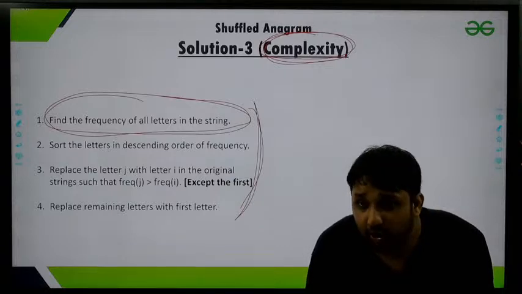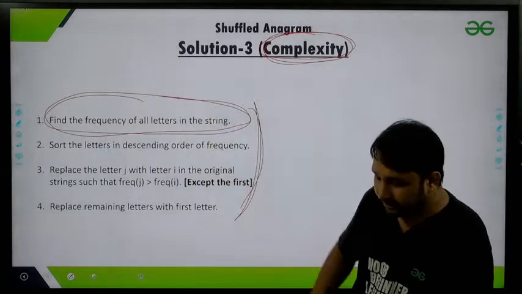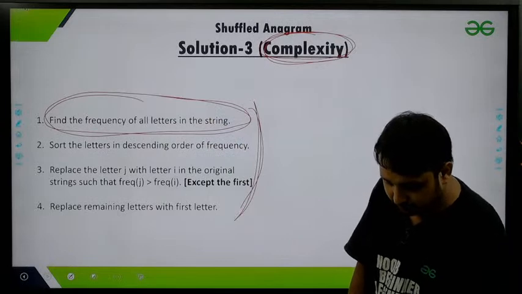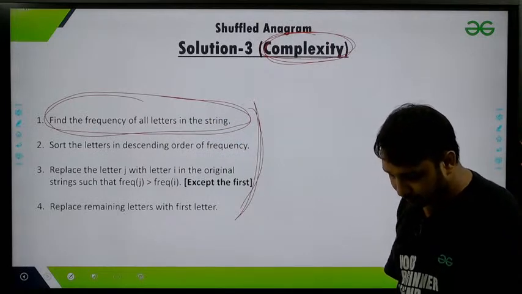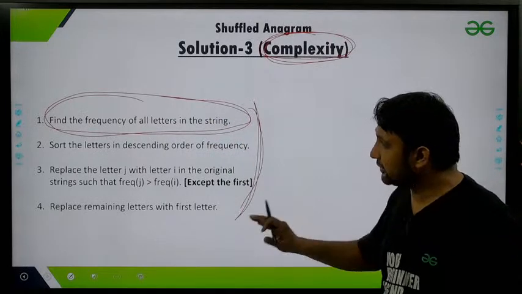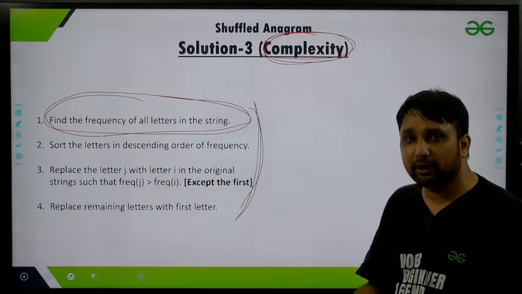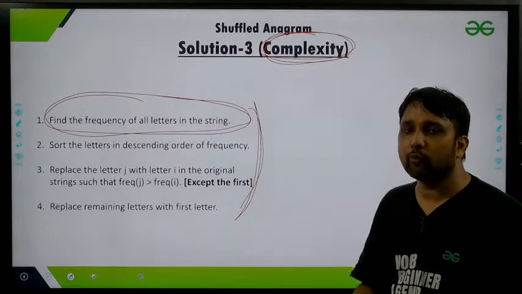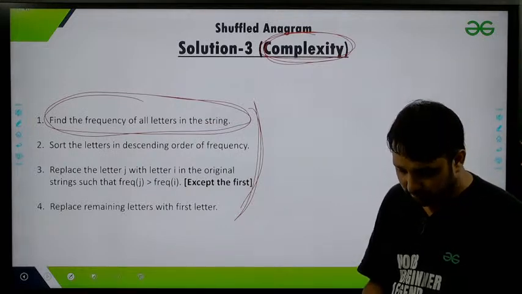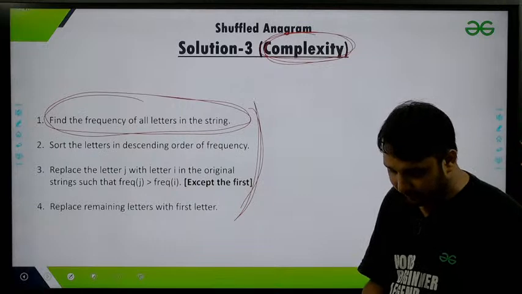Please write in the chat how much time this step will take to execute. Anybody, please. I want to find the frequency of each character: how many times A is repeating, how many times B is repeating, how many times C is repeating.